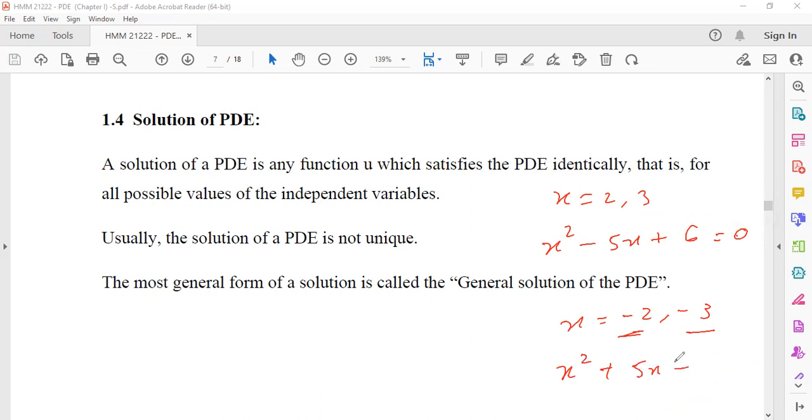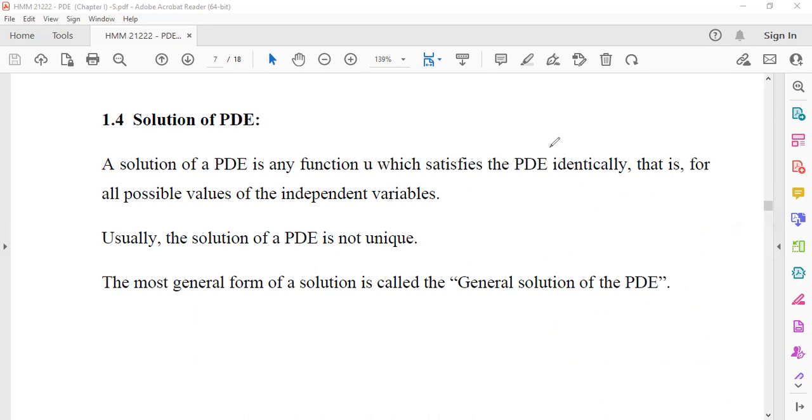So x squared plus 5x plus 6, where we multiply these two and add these two like this. These are algebraic. This is how the answer concept works here as well.